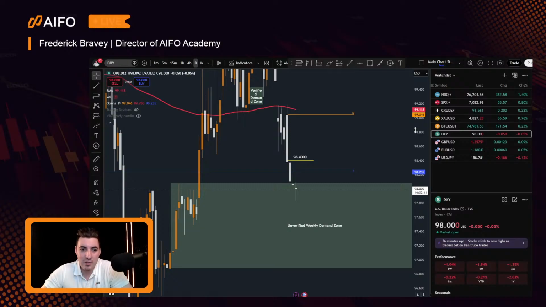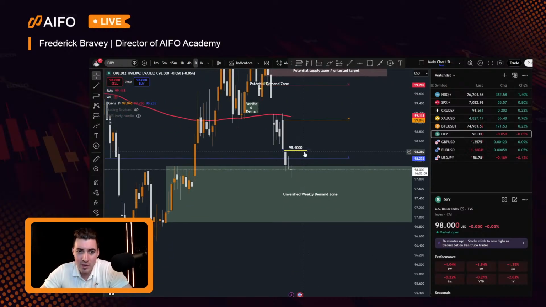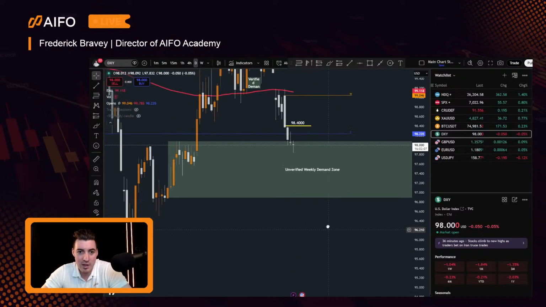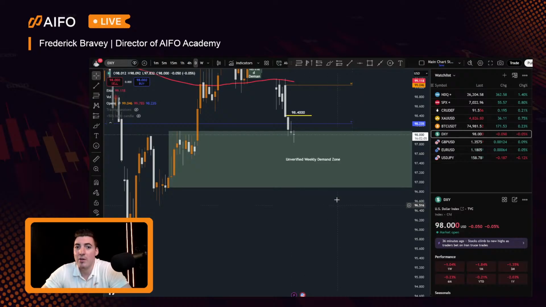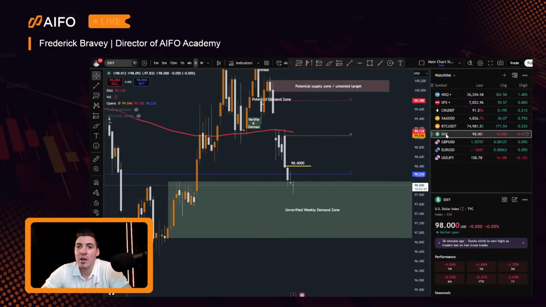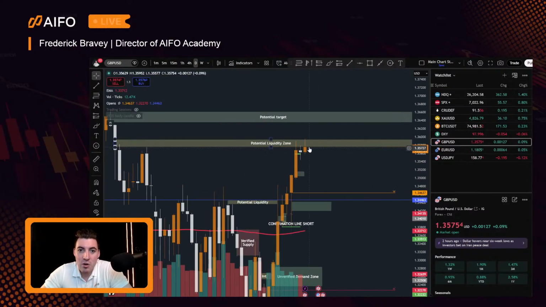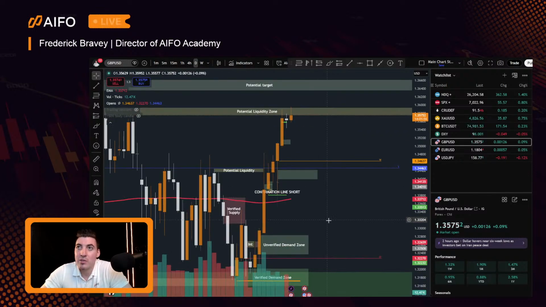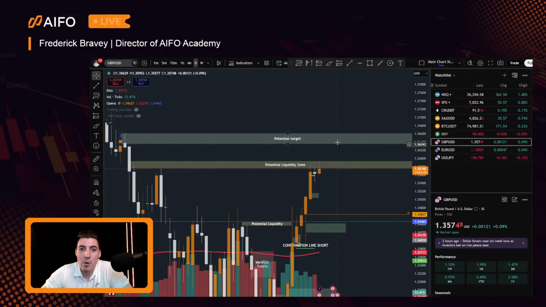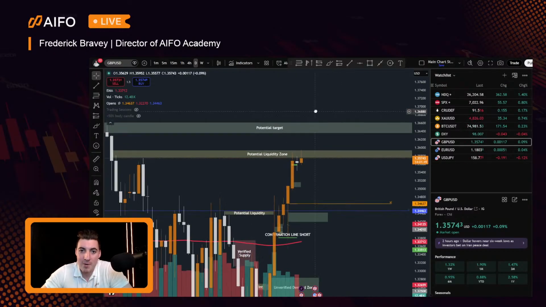And so if there is a slight retracement before the price pushes down and ultimately this is where it's going to reverse, then on the GBP USD, we are likely not going to see the price come back down to any of our demand zones at this point in time. It is likely going to continue up into this potential target area.